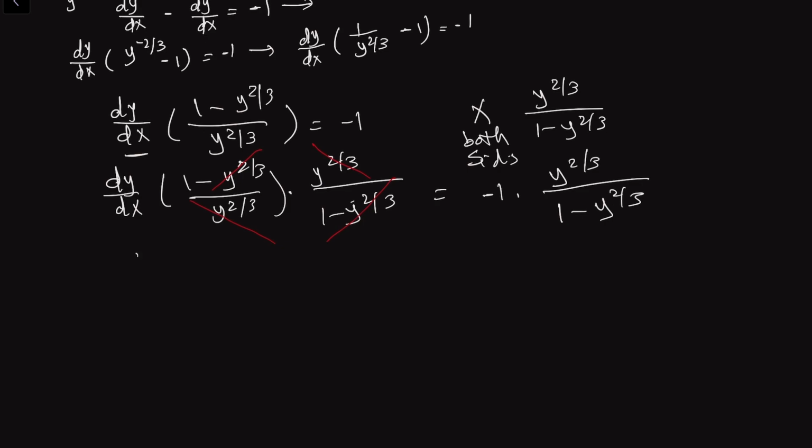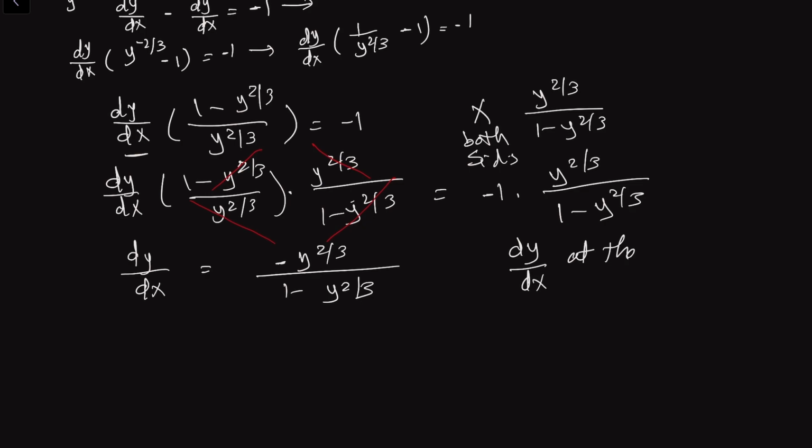Okay, now what we have left over here is dy/dx equals negative y^(2/3) over 1 minus y^(2/3). Then he asks, what is dy/dx at the point (2, 8)?